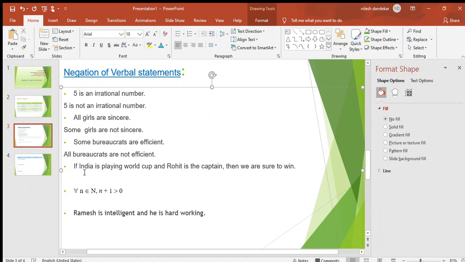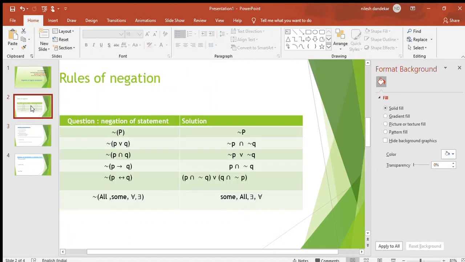If India is playing the World Cup and Rohit is captain, then we are sure to win. First, let us find out which symbol it is. This whole part is P. This is Q. So that means there are two statements connected by if then. So we have to utilize the rule for if then.